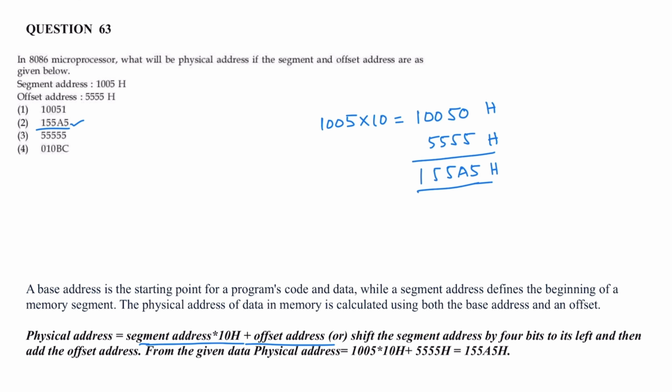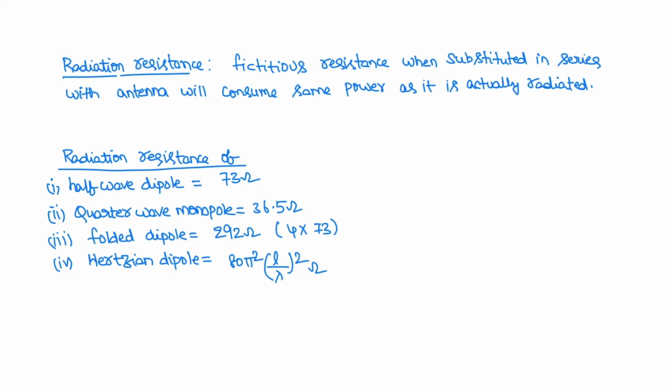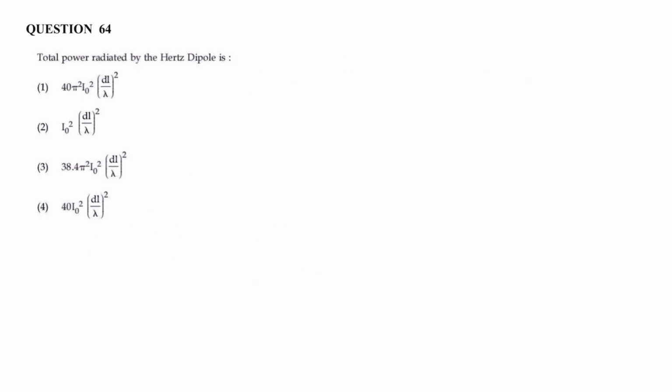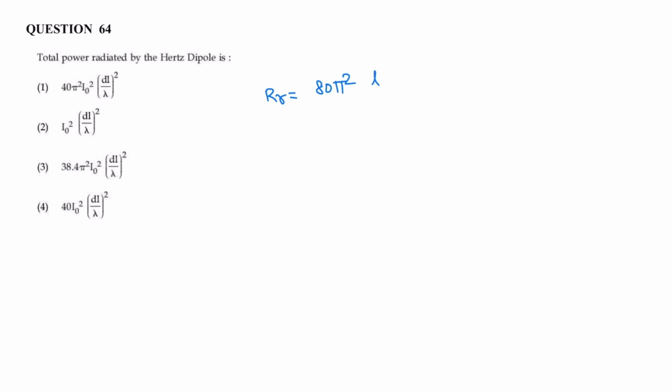Next question. What is the power radiated by a Hertzian dipole? So we know that the radiation resistance of a Hertzian dipole is 80 pi square dl by lambda whole square. The power radiated is I RMS square into radiation resistance.